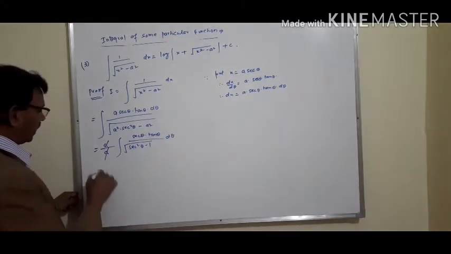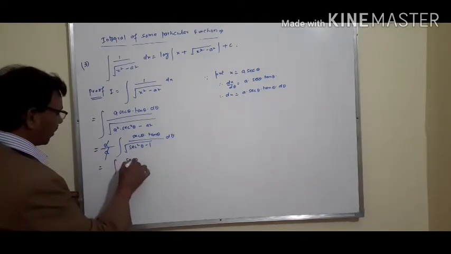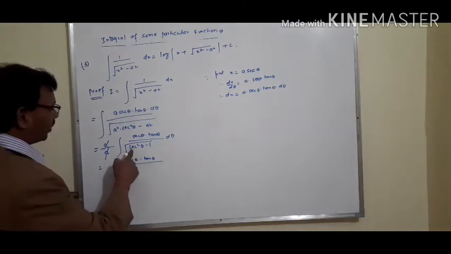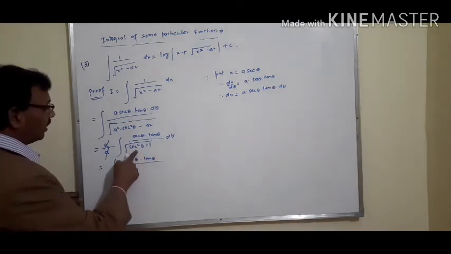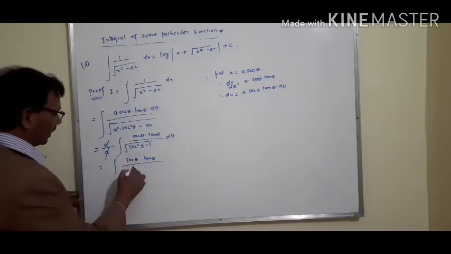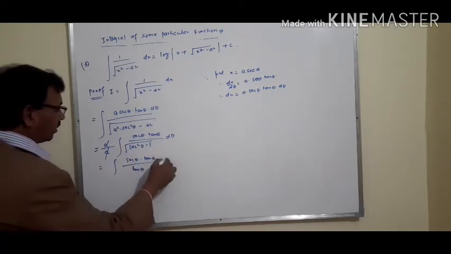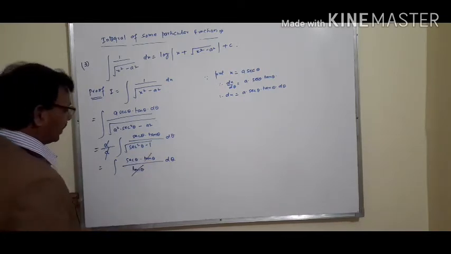A and a will be cancelled. Now this will be sec theta into tan theta whole upon root under sec square theta minus 1, that means this will be tan square theta, and the root of tan square theta will become tan theta. So tan theta and tan theta will be cancelled.